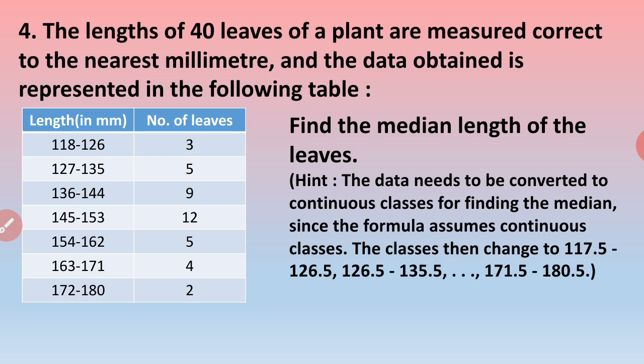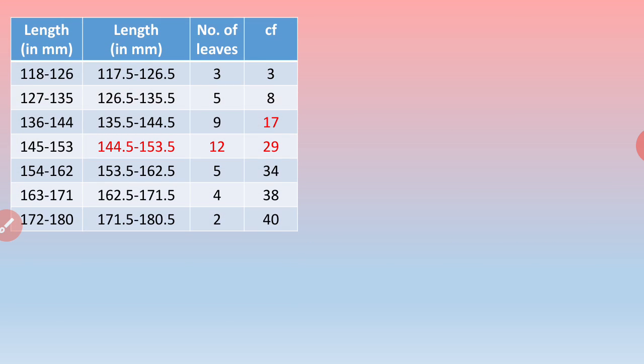But we always start solving once the classes are continuous. So the very first step will be changing the given classes into continuous class intervals. Here from 126 to 127 there is a difference of 1, which is divided into two equal parts, so we get 0.5, 0.5.